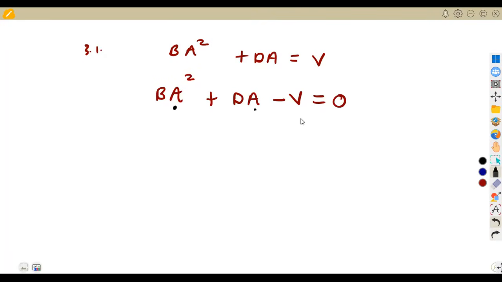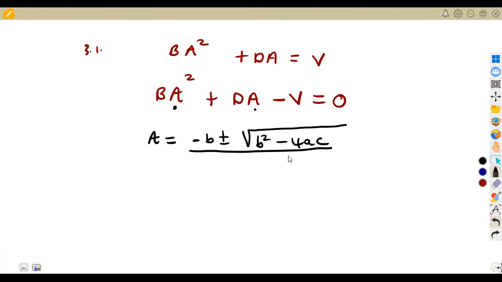Like I said, you can also do it by completing the square, but using the quadratic formula, A is equal to minus b plus or minus the square root of b squared minus 4ac, all over 2a. So what is representing our a, b and c? Just like where there is x squared and x, from the format ax squared plus bx plus c is equal to 0, a is the coefficient of x squared.